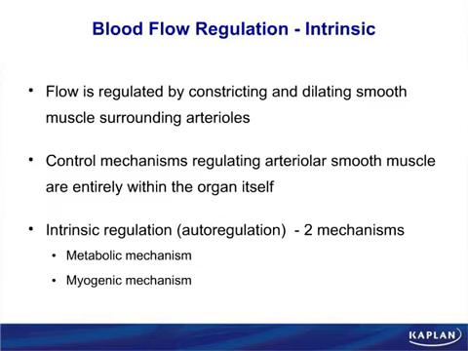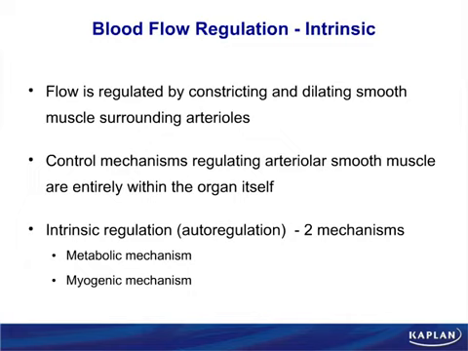All right, now let's talk about blood flow regulation, more specifically, intrinsic regulation. We've already discussed the idea that blood flow is regulated by vasoconstricting and vasodilating the arterioles, the smooth muscle of the arterioles. Now, what we're going to talk about are intrinsic control mechanisms that regulate arteriolar smooth muscle tone, and this will occur within the organ itself.